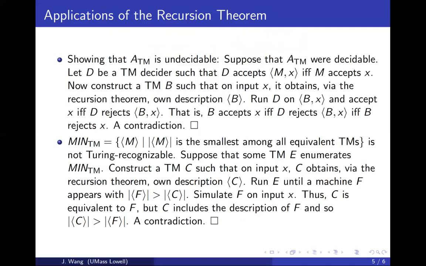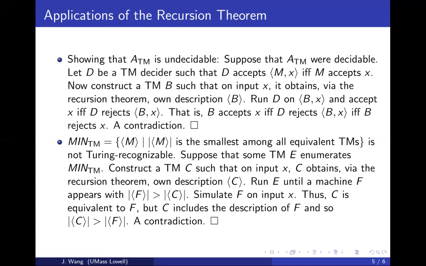Then there is a Turing decider D such that D accepts instance M comma X if and only if M accepts X. So that's what this decider means.